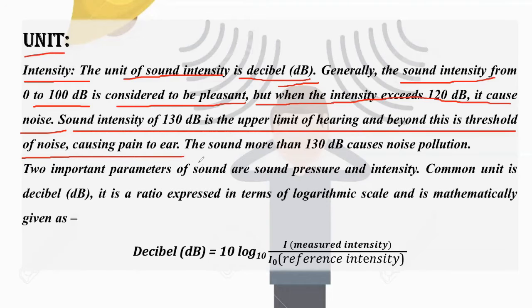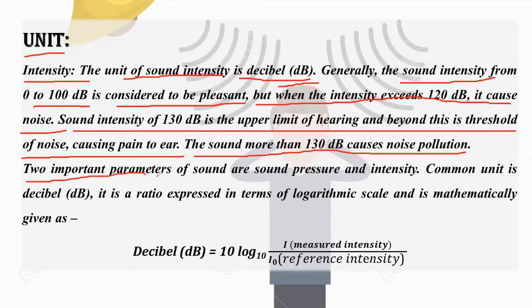You are going to face huge hearing-related problems as well as pain in the ears. Sound of more than 130 dB hence causes noise pollution. This is very important: 120 dB is causing noise, 130 dB will cause pain to ears, and 0 to 100 dB is pleasant.